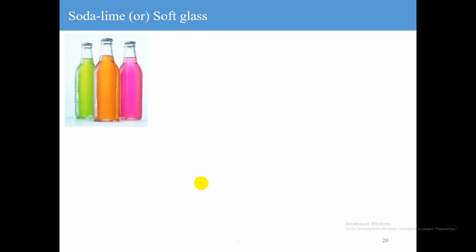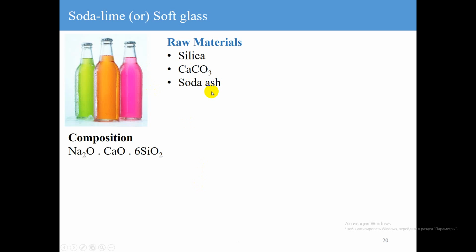Soda lime or soft glass. Raw materials: silica, calcium carbonate, soda ash. Composition: sodium oxide, calcium oxide, silica oxide.